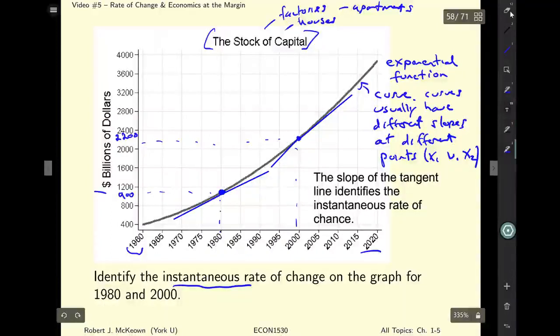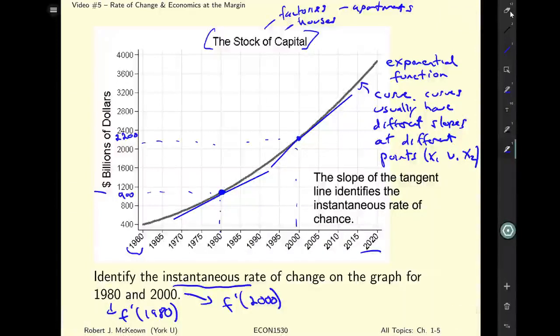Because of course I can write this as f prime of 1980, and f prime of 2000. And that's how I would identify the instantaneous rate of change on the graph for 1980 and 2000.